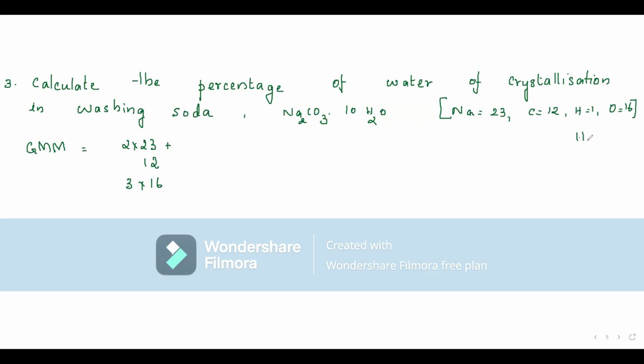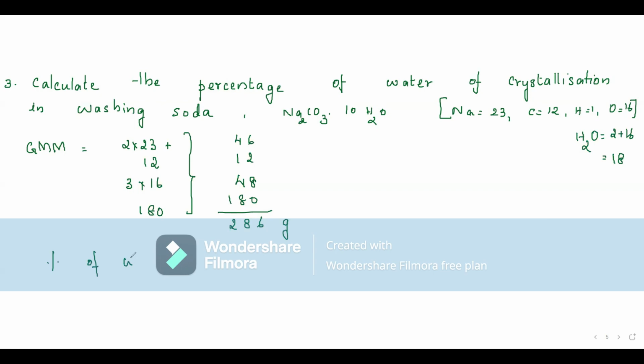Each water molecule's weight is 2 plus 16, that is 18. 10 water molecules, so 180. Now, this will be 46 plus 12 plus 48 plus 180. That is equal to 286 grams. So your gram molecular mass you got, right?